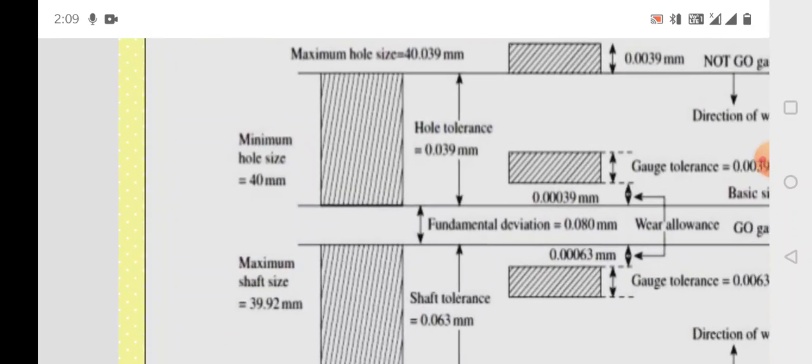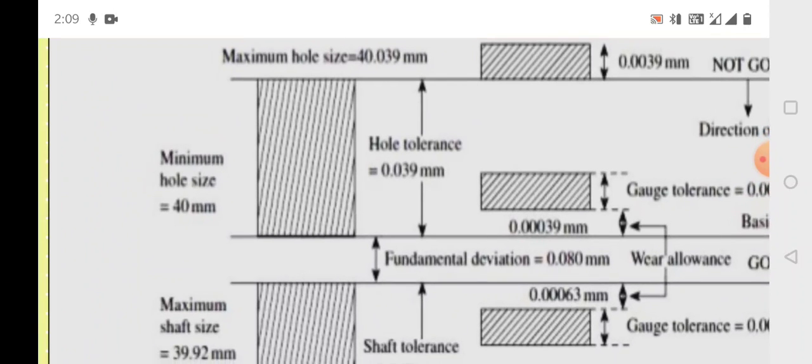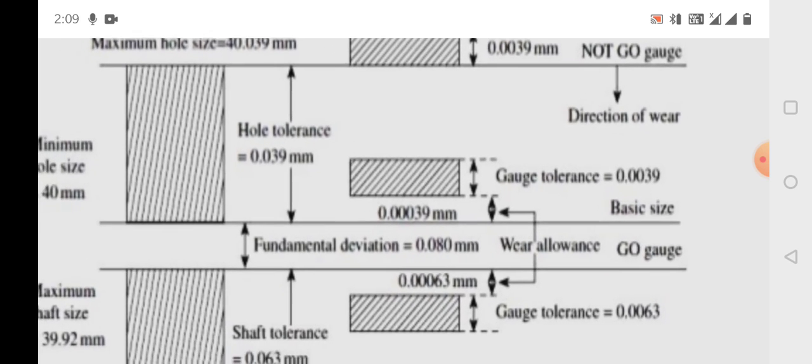For the hole the tolerance is 0.039 as per the calculation. This is maximum hole size 40.039. This is the no go gauge for hole, right? Its lower limit is matching with the higher limit, and it is above this by the gauge tolerance. So this much is the no go gauge.